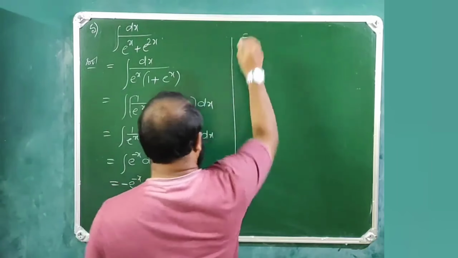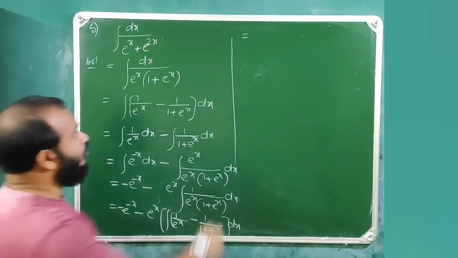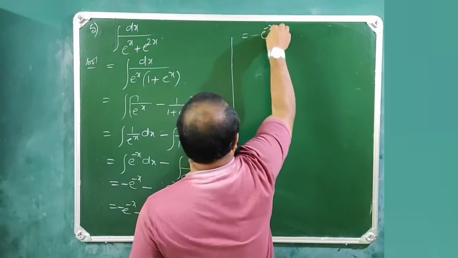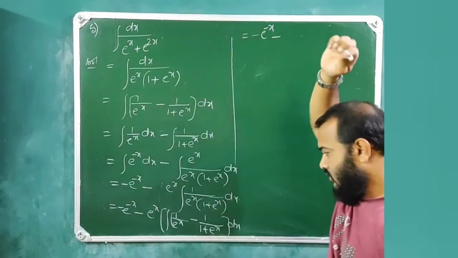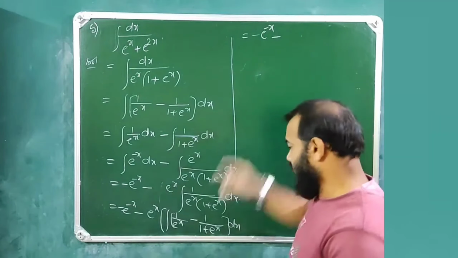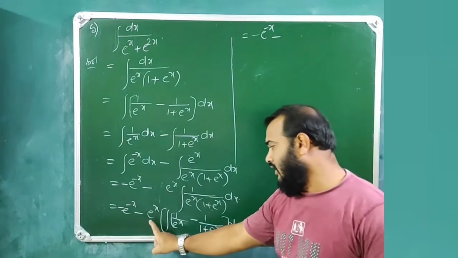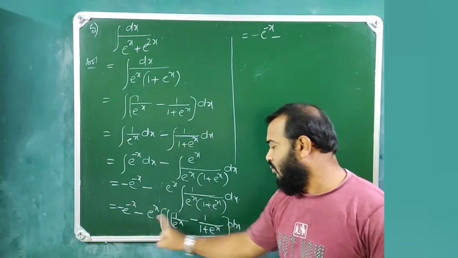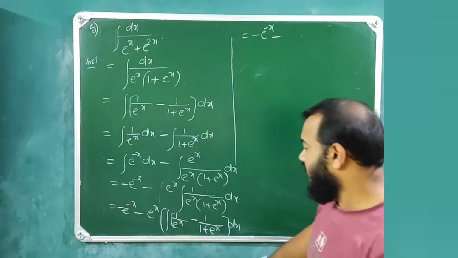This is equal to minus e power minus x minus. Let us multiply this e power x with both of these functions.